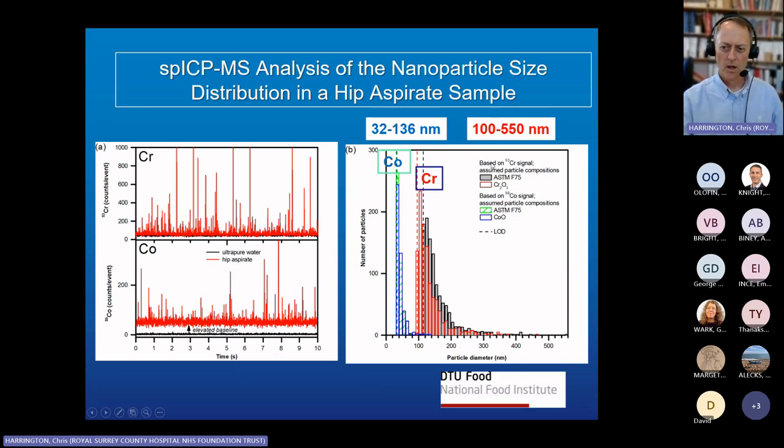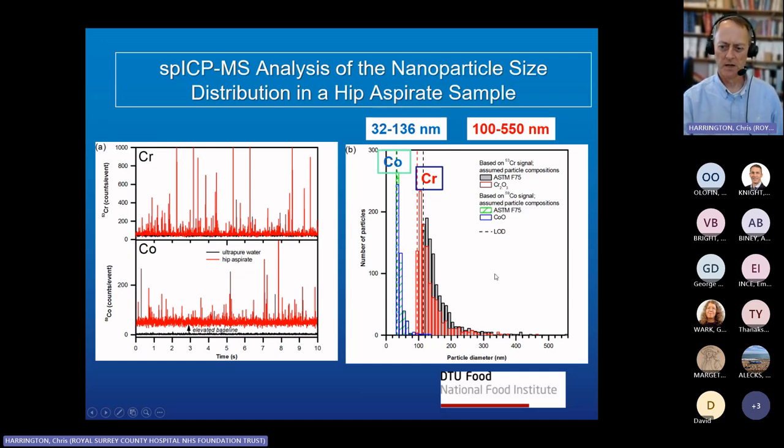But the model that it uses, so this is basically different materials here, so it's comparing the distribution size here to these industry defined compositions, which are for the different hip replacements that you get, or to whether it was chromium oxide or cobalt oxide.